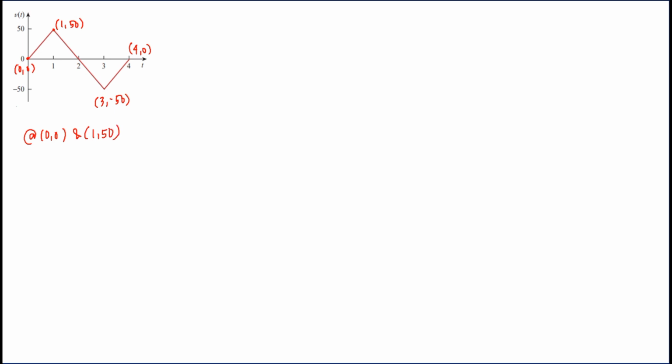So our two-point form, that is y minus y1 is equal to (y2 minus y1) over (x2 minus x1). So as you can see, this is the formula for the slope. Then multiplied by (x minus x1). Now let's apply the two points. So y minus 0 is equal to (50 minus 0) over (1 minus 0) multiplied by (x minus 0).